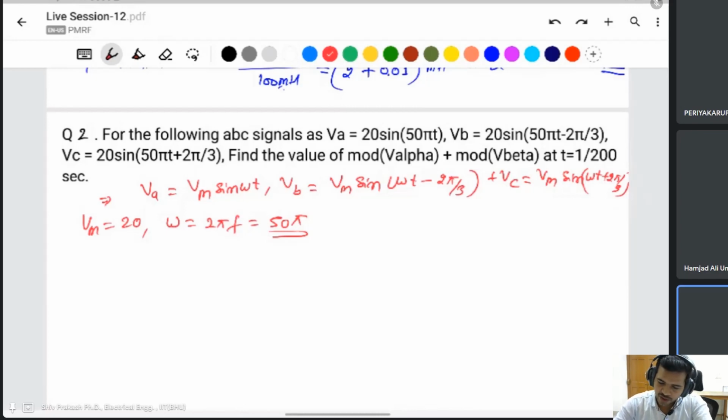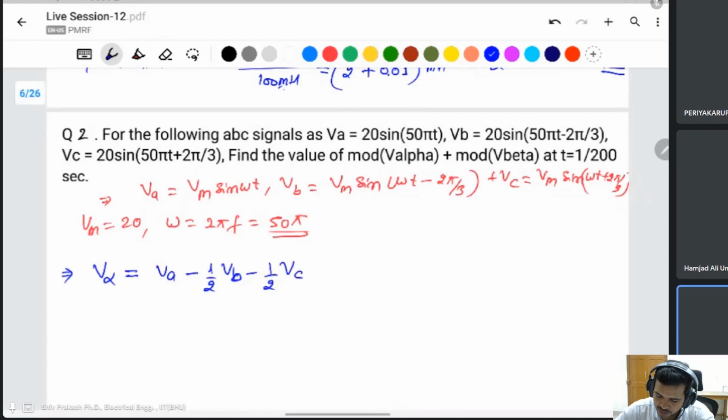First of all, find V alpha and V beta. V alpha is VA minus half of VB minus half of VC.